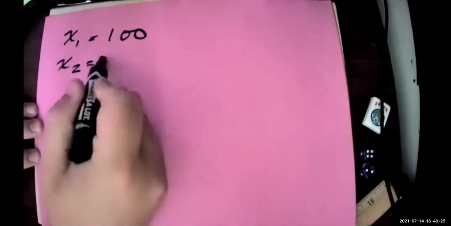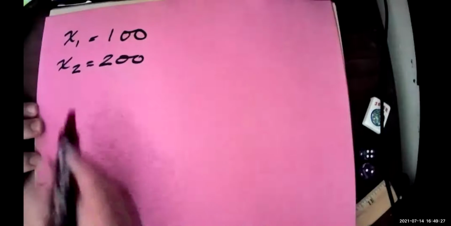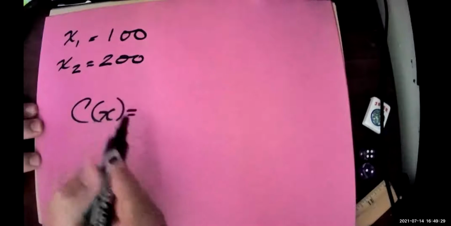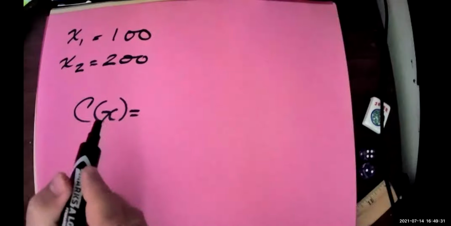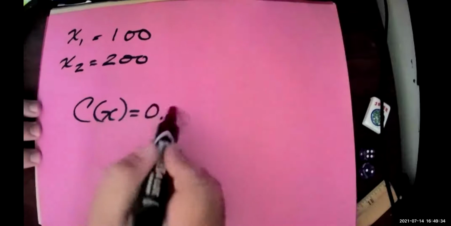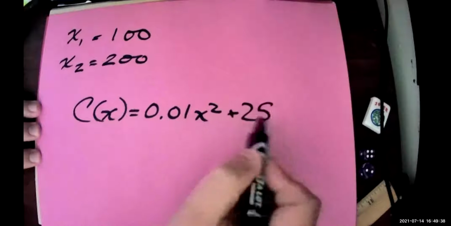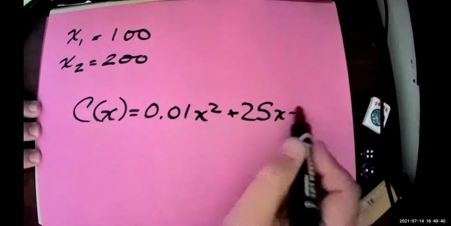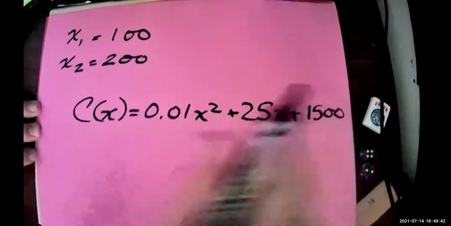We're telling you that x1 is 100 and x2 is 200. We're also telling you that c of x has this very strange formula. All right.